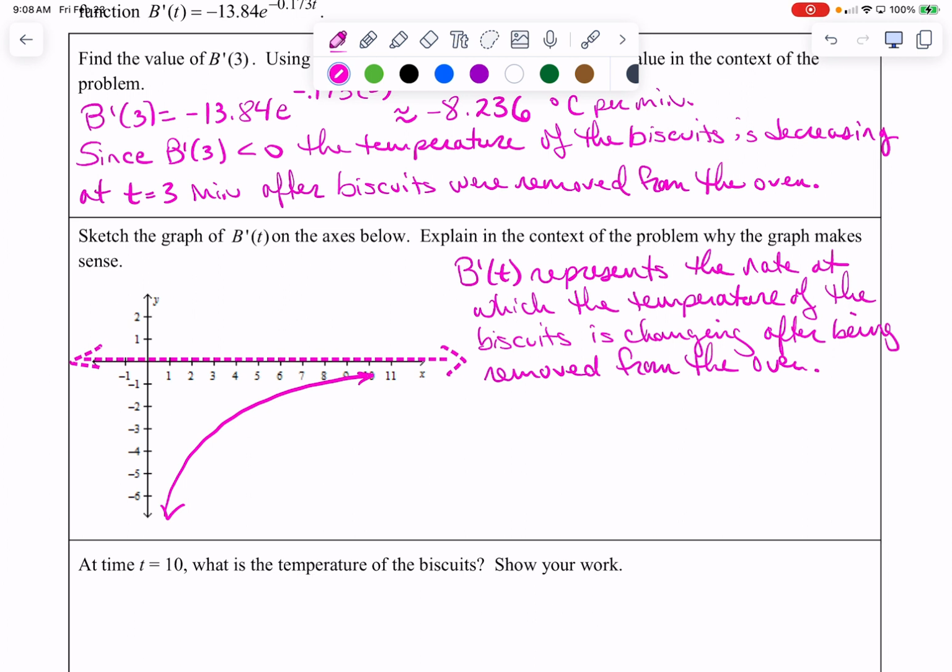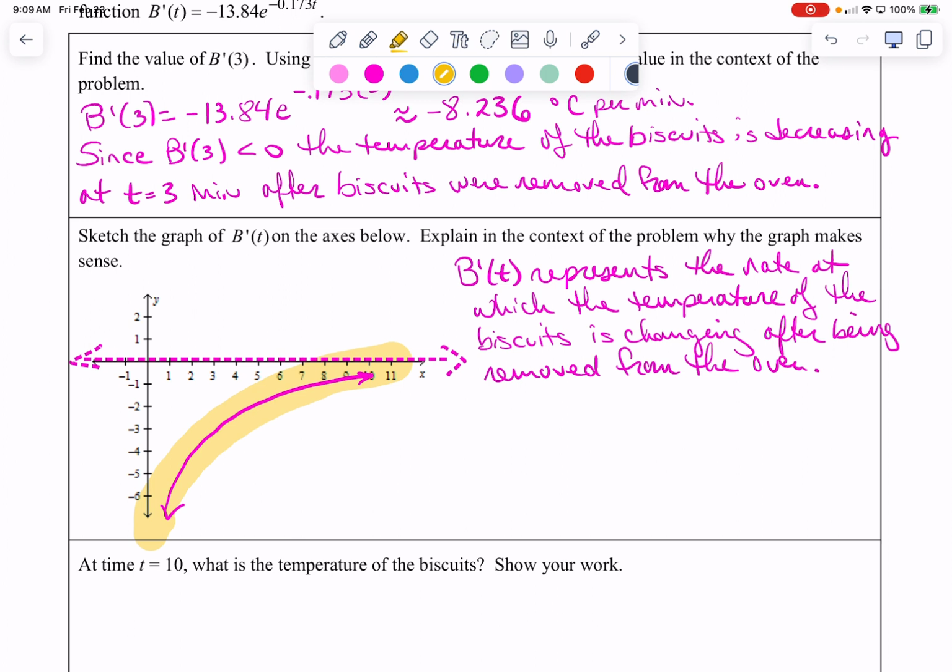Yeah, so the fact that this is below the x-axis and it's always negative tells us that the temperature of the biscuits is always decreasing, right? But the slope of that is higher at first than it is later. So it cools down a lot quicker, and that slope is always decreasing.